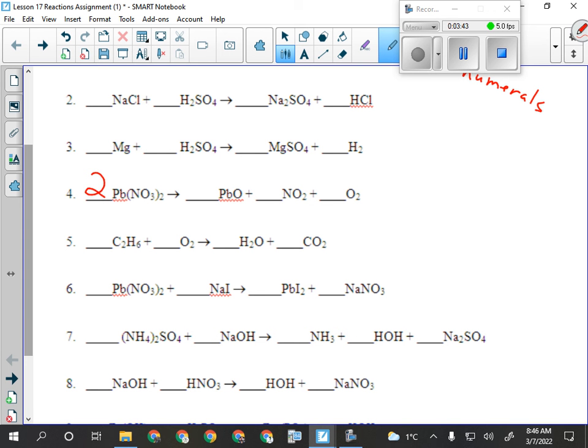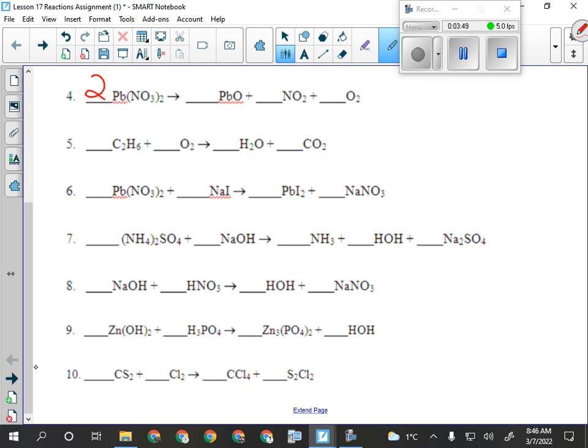Another kind of tricky one would be number 7. Number 7 is a bit of a tricky balance because it's an acid-base neutralization reaction, and it produces a gas, much like the one we had in the lab. So just know that your NH3 comes from here, which is going to leave you 2 hydrogens left over, and the hydrogens go here.